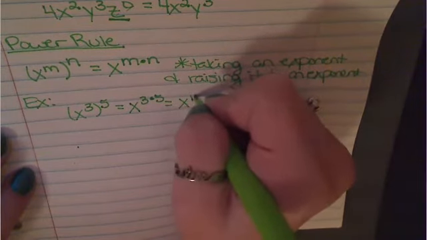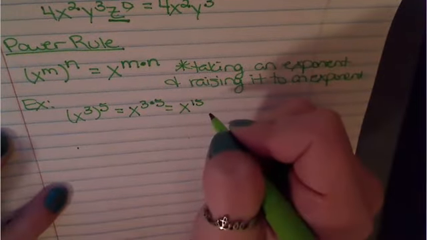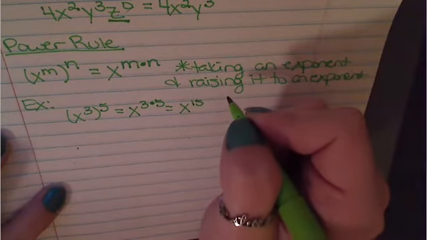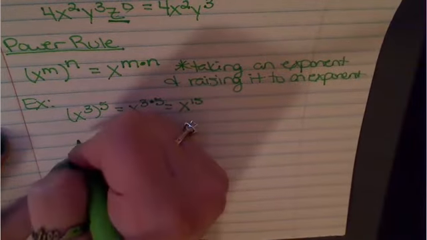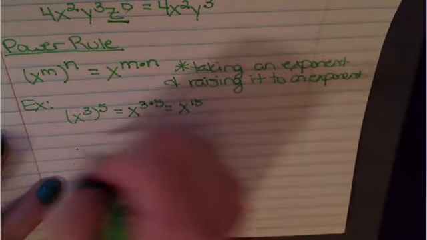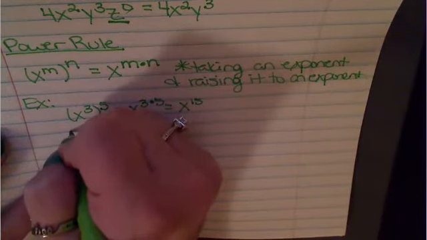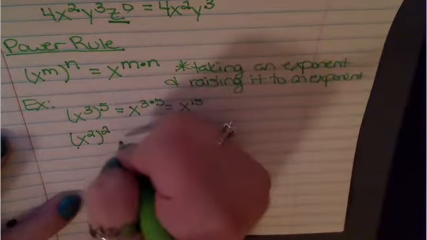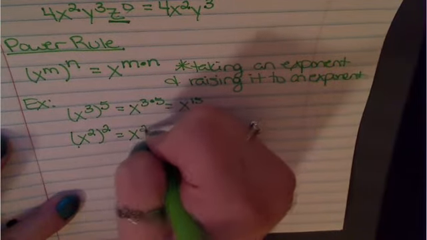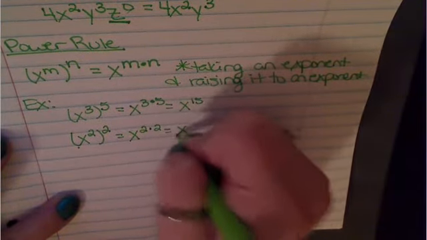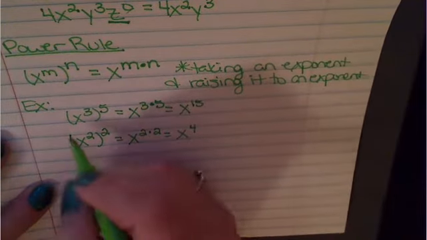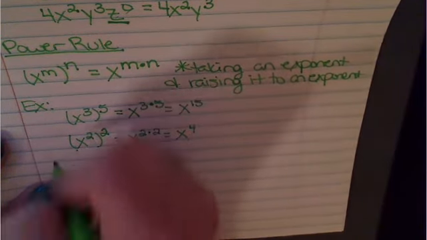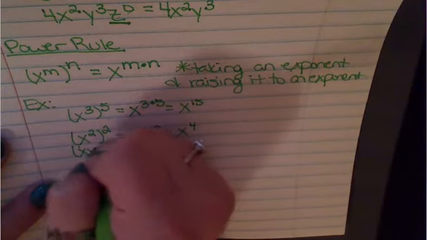Let's do a smaller example and I'll show you why this works this way. If we have x to the second power raised to the second power, that says x to the 2 times 2, which equals x to the fourth. So what that says is we have x squared in here, and we're going to raise that to the second power, so we're going to write everything in here twice.